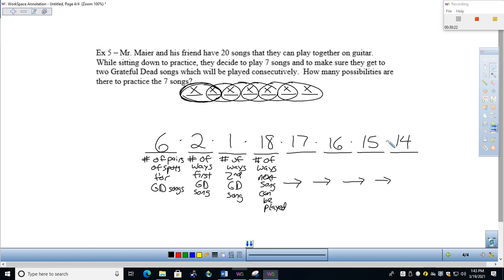And so with this scenario, with my friend and I playing some songs together, how many possible 7-song sets can we play, knowing that those 2 dead songs had to be played back to back? It looks like I ran out of room a little bit, so I'm just going to come down here and write my answer. If you multiply all that together, I get 12,337,920.